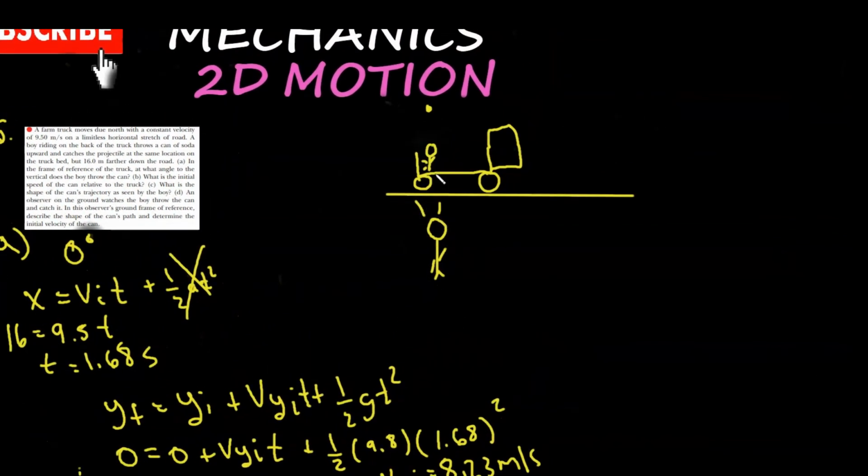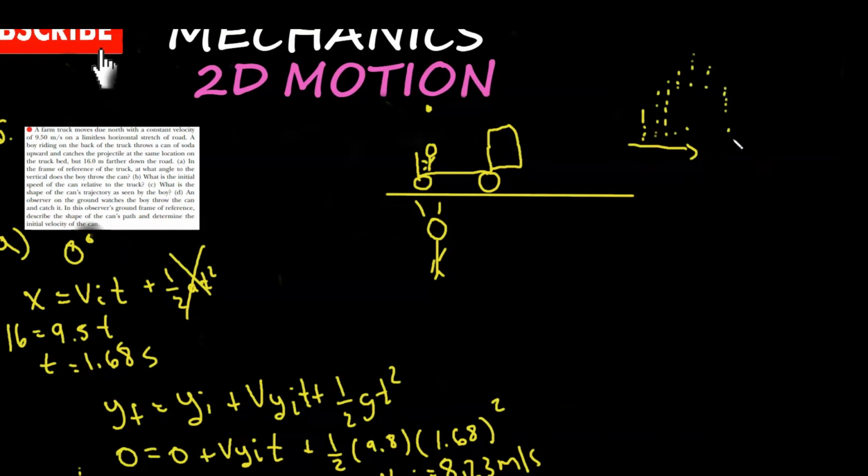If you're observing this truck zoom past you, and the boy throws the ball in the air, you're going to see the ball initially going up, but the truck is moving, right? So you're going to see the ball going like this. I hope you can picture it.